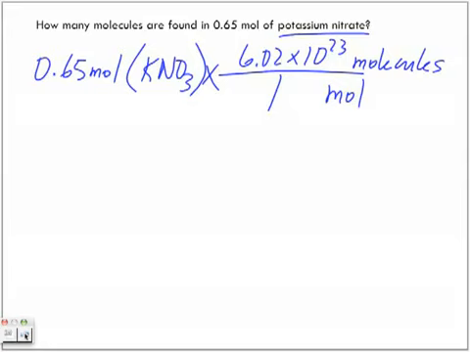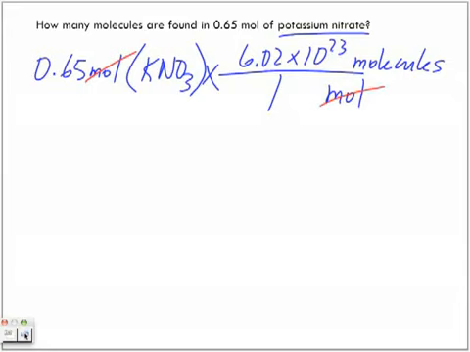So still, 1 mole is equivalent to 6.02 times 10 to the power of 23 atoms. 1 mole is equal to 6.02 times 10 to the power of 23 molecules. And 1 mole can be equal to 6.02 times 10 to the power of 23 formula units, for ionic compounds. So now my moles cancel out, and all I'm doing is multiplying my moles by that.